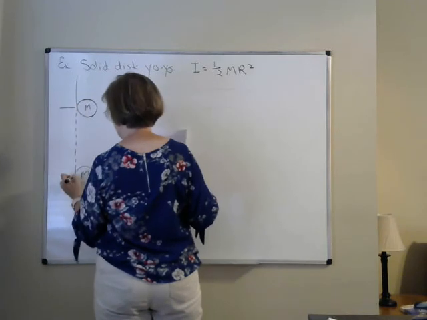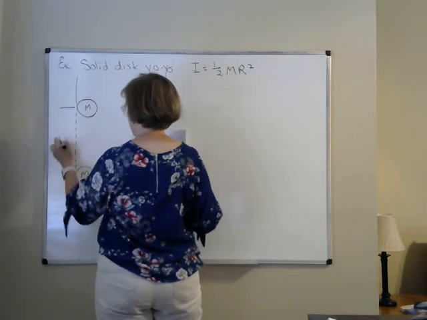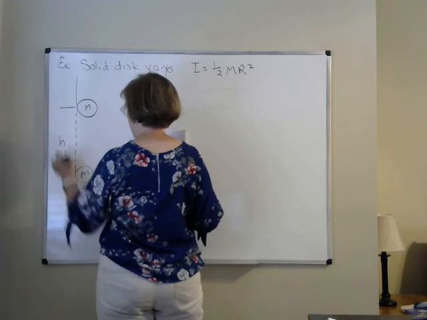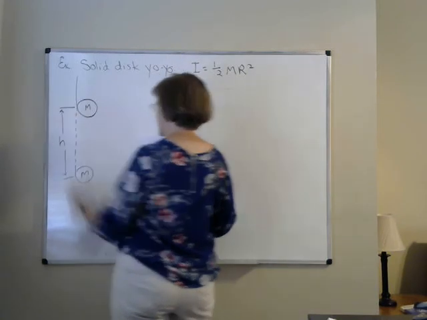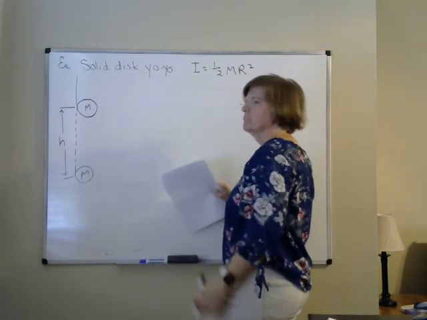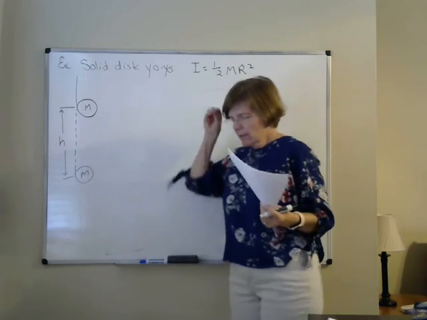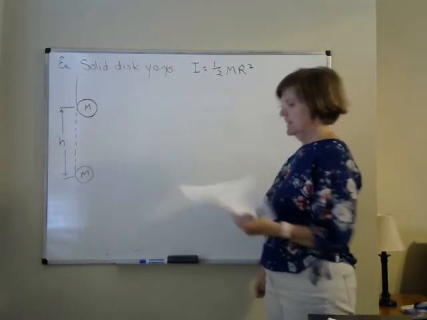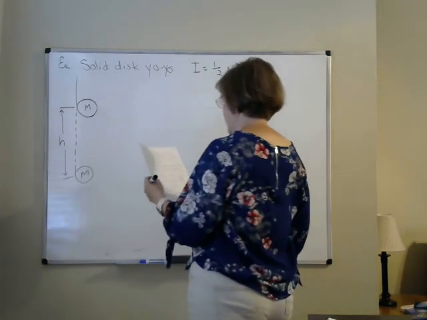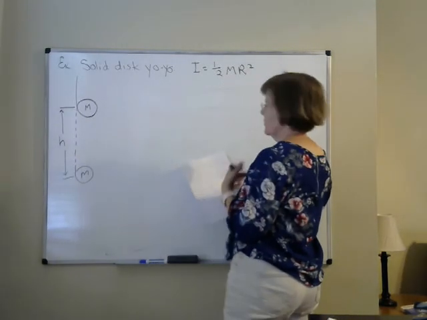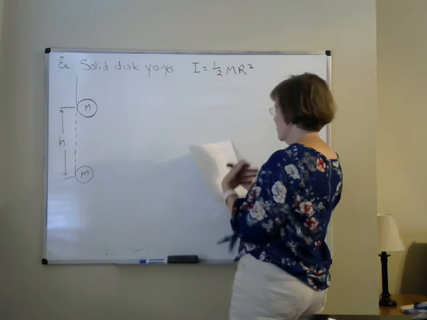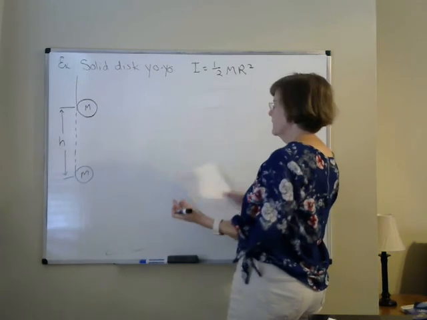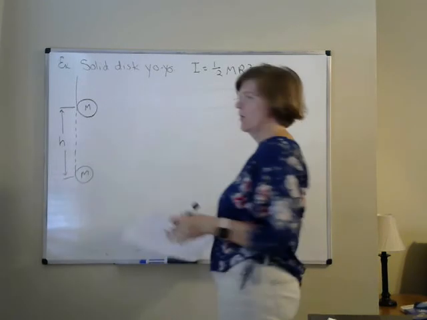The distance from here to here is h. So you just let the yo-yo drop down and fall some distance, okay? It says, find an expression for the velocity after it falls.